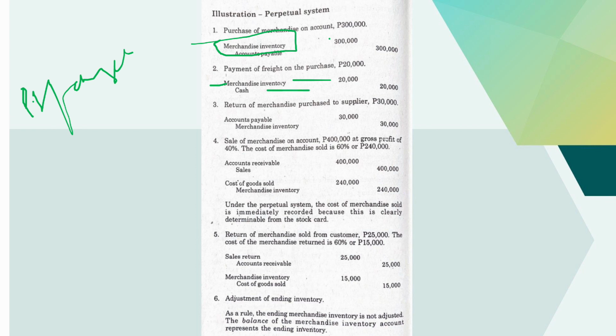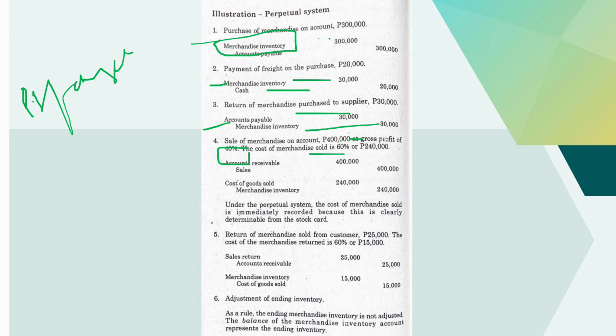And then a credit to cash. When there is a return, debit accounts payable, pinalik mo yung goods na binili mo, and then credit to merchandise inventory.